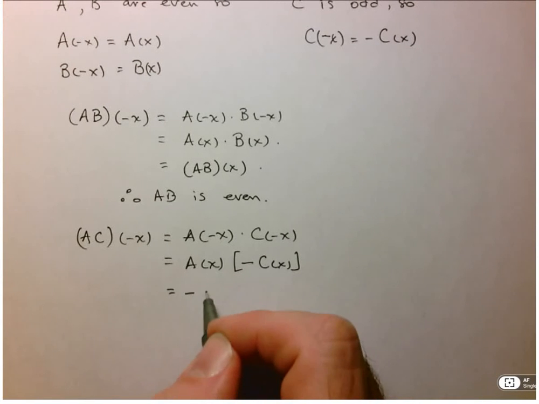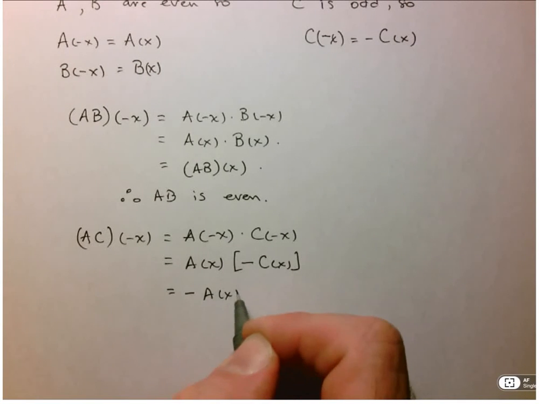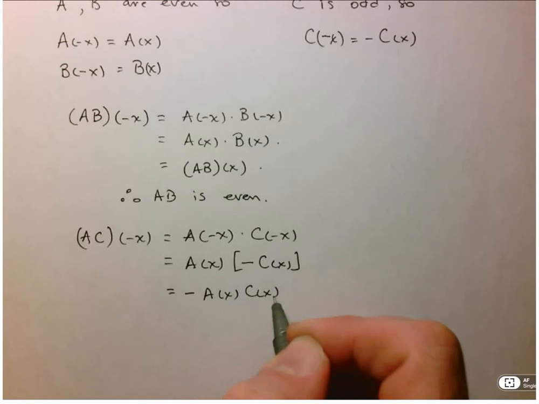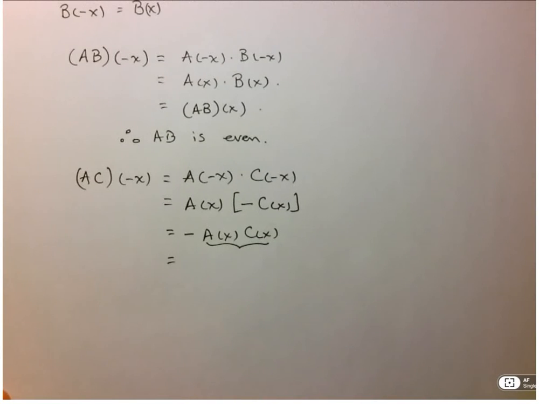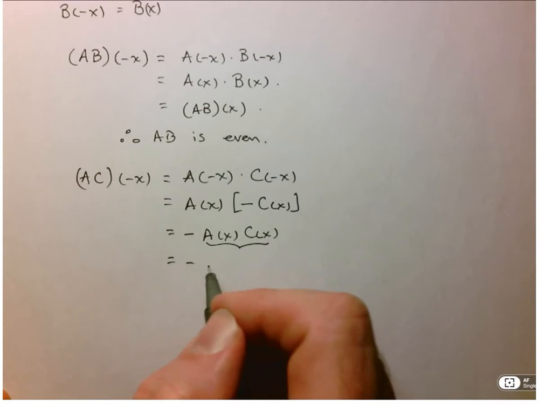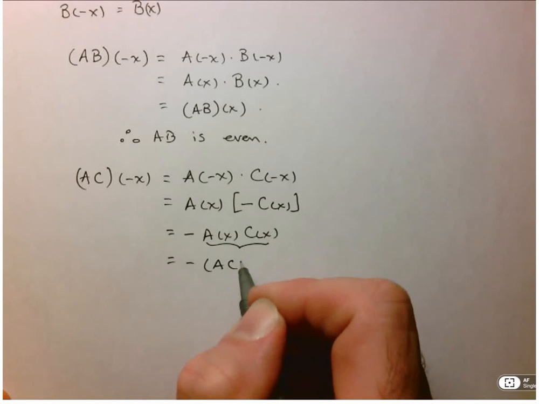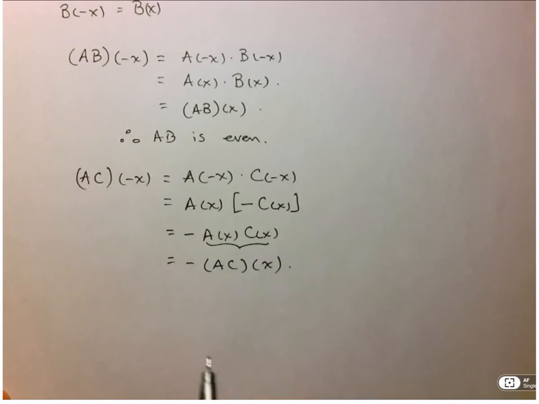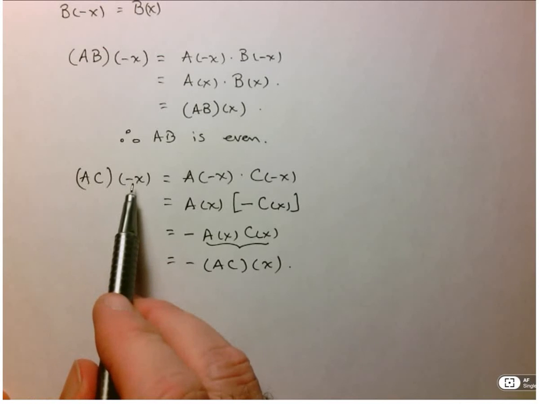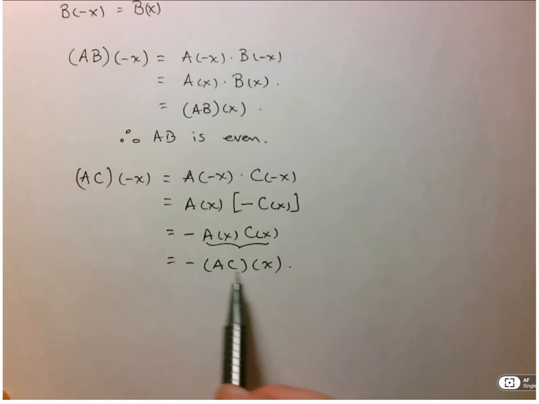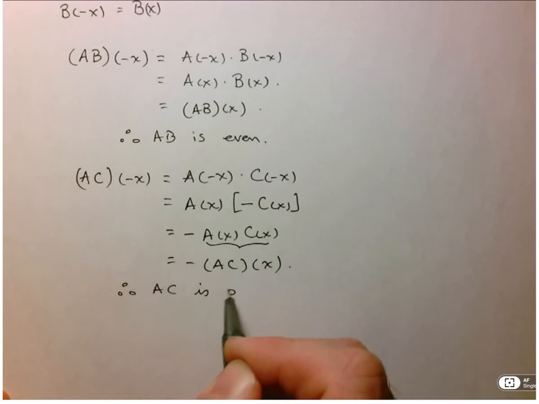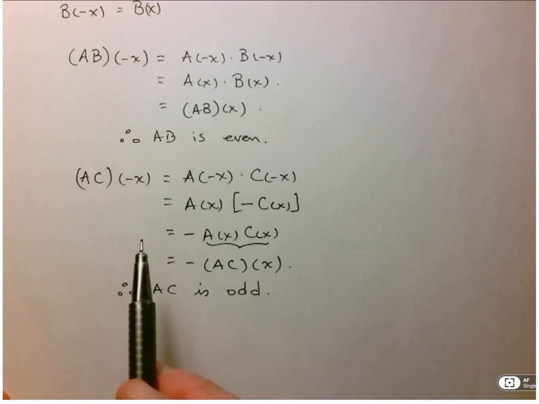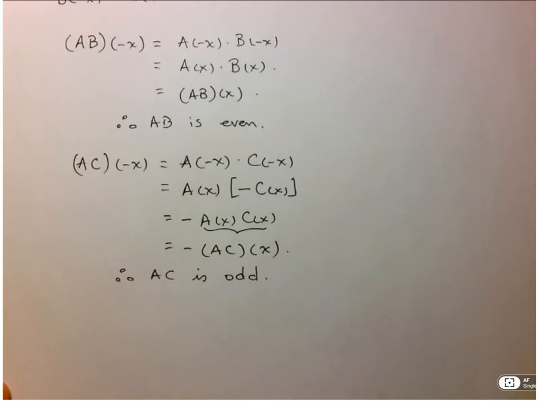So I'll just rewrite this: negative A at x, C at x. And these two expressions multiplied here is the same as AC at x. So we see that AC evaluated at negative x is the negative of AC evaluated at x. Therefore, AC is odd. And I can make the same argument for B times C. I won't do that because it's exactly the same.